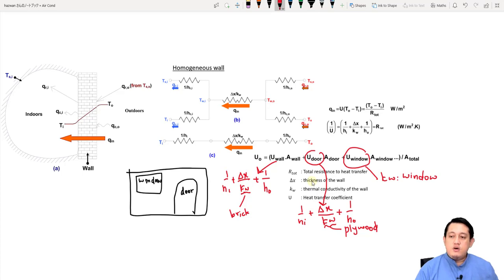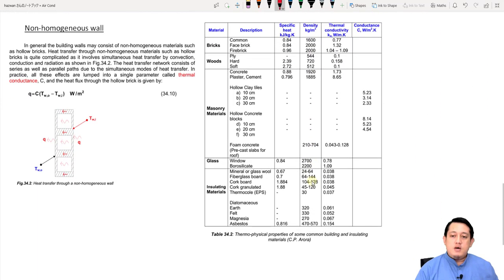So this is for a homogeneous wall. What about a non-homogeneous wall? Non-homogeneous wall means that we have, for example, this one. We have a space inside our wall here. So what does this space do?